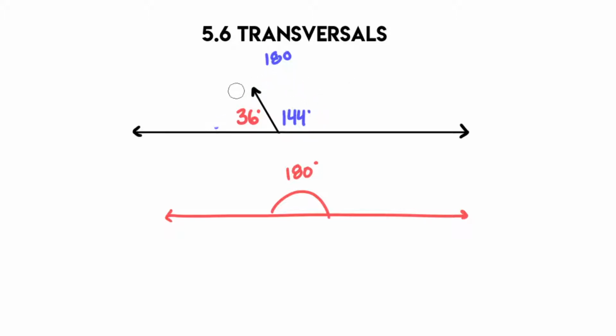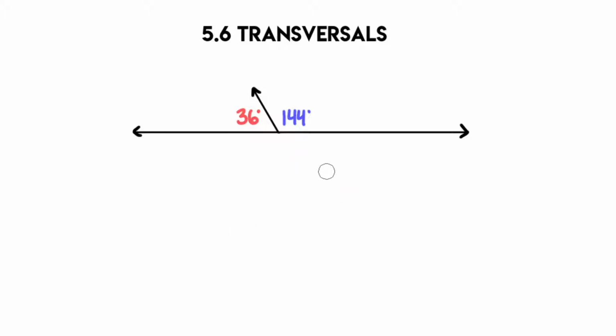I can erase this. Now we have one angle down. So I'm going to erase this next part, the next part of my transversal. Now I'm going to try to find this angle right here. Here's a straight line, which again is 180.